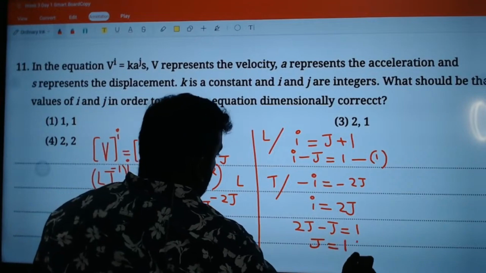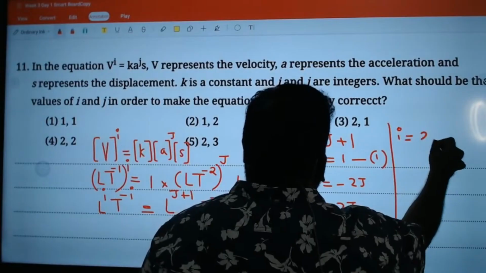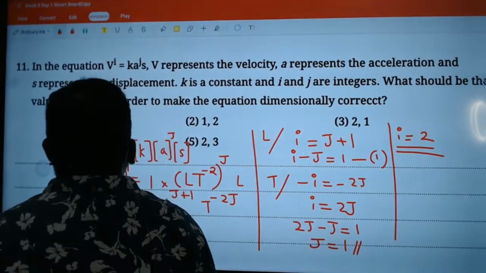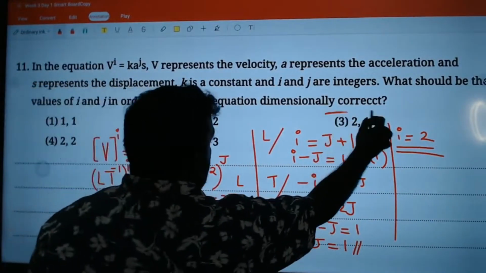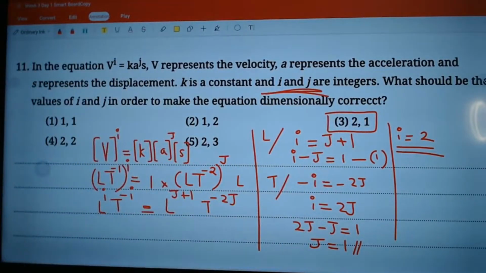J equals 1, I equals 2. They are asking I and J. Answer is answer number 3.